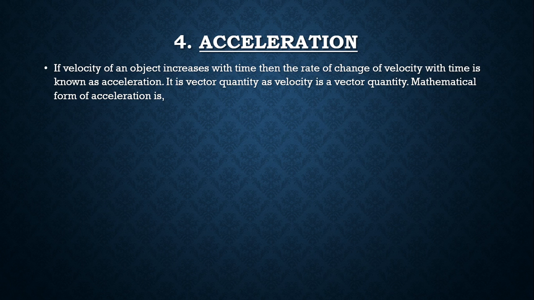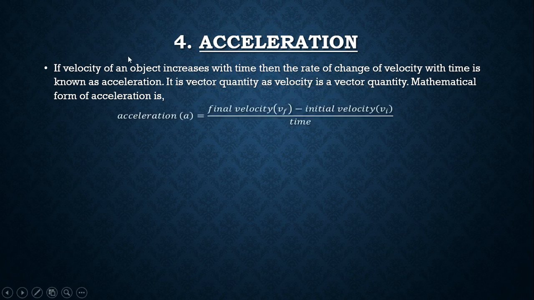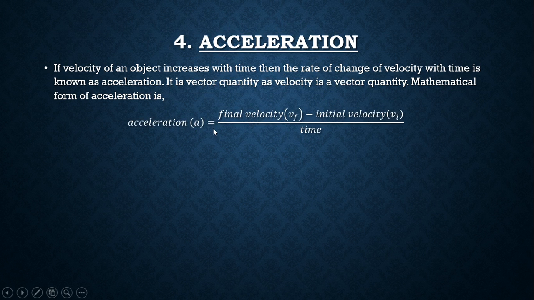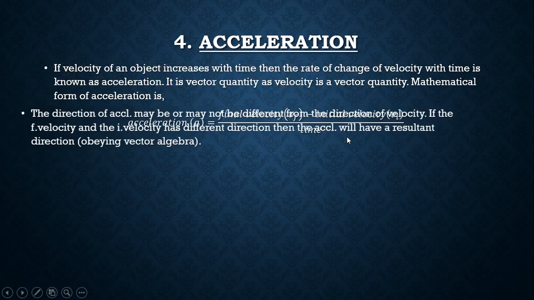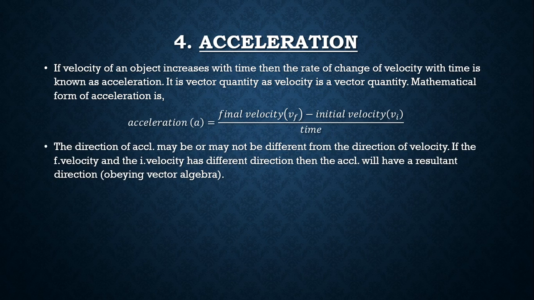That means it has magnitude and direction, and it will obey vector algebra. The mathematical form of acceleration is: acceleration a is equal to the difference between final velocity and initial velocity divided by the time. The direction of acceleration may or may not be different from the direction of velocity.